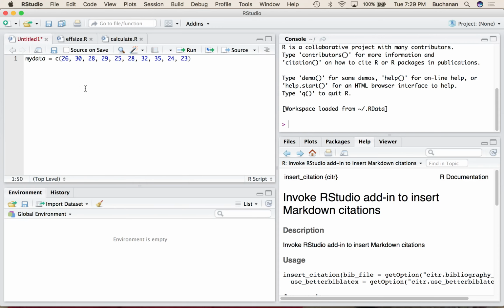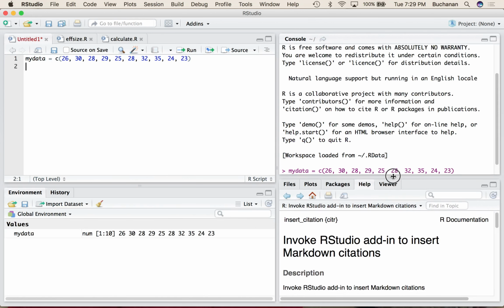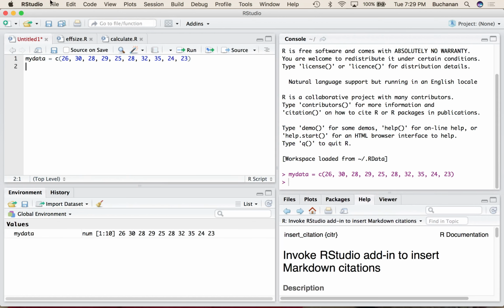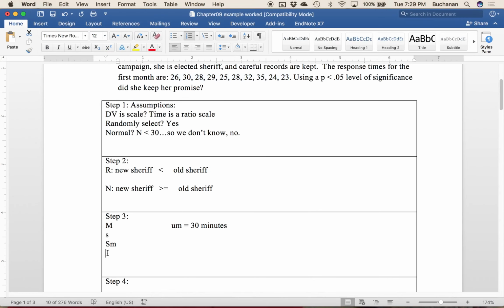I'm just going to paste all those numbers in there. So when I run that, now RStudio, the console is not automatically up here on the right. You can change it by clicking here, or in Windows, it's like preferences or something. But I have my column of data down here. So I have 10 scores, and so I know that N is 10.